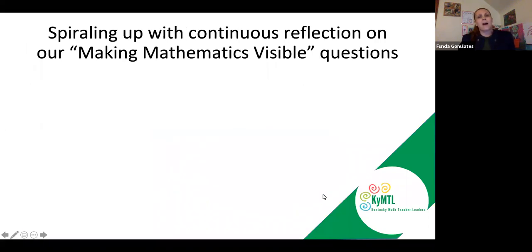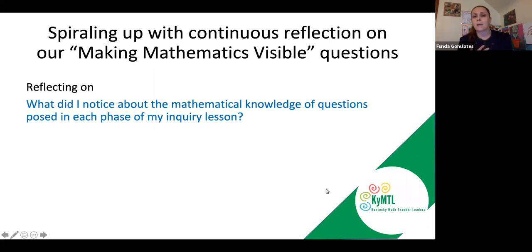It's time to spiral up with continuous reflection on our making mathematics visible questions. And when we say spiral up, it means that we need to reflect on our practice. And reflection means data collection. So after gathering evidence from your lesson, think about, what did I notice about the mathematical knowledge or questions I posed in each phase of my inquiry lesson?